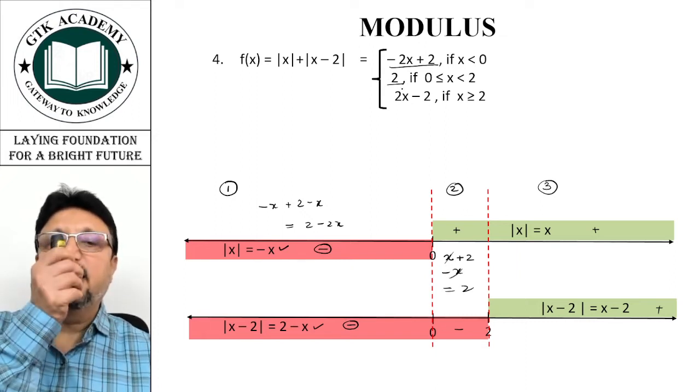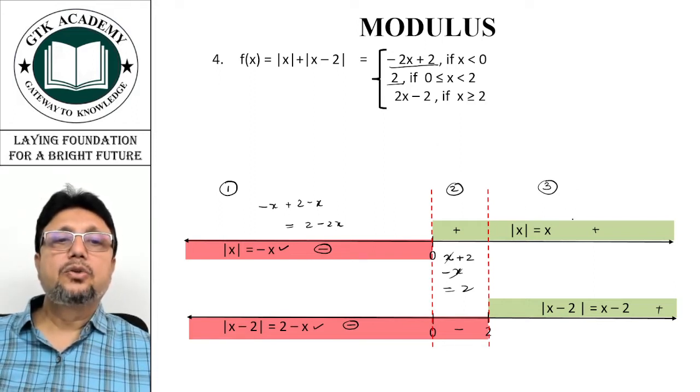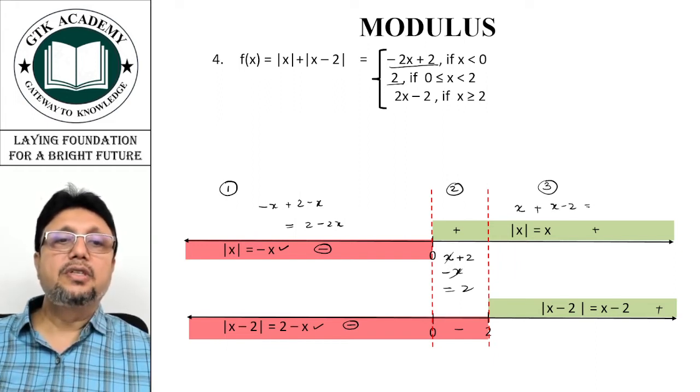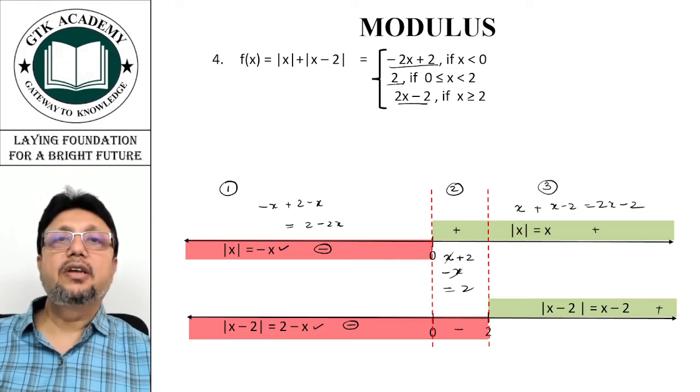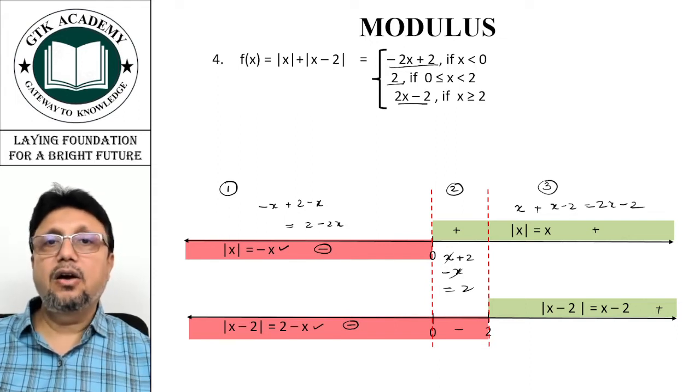And this is what we have written here. Similarly, in the third region, both are positive. So we'll write |x| as x and |x − 2| as x − 2, which is equal to 2x − 2. This is what we have written here. I hope that it is absolutely clear now.